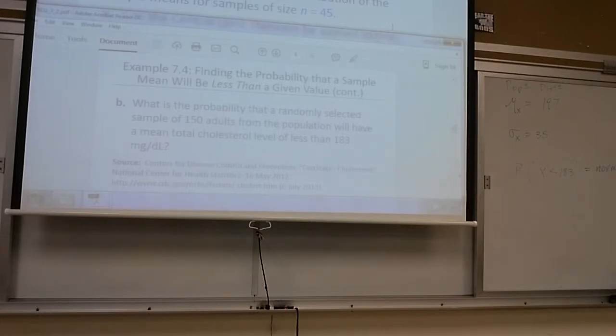It sounds like it's almost the same question, doesn't it? What's different? It's the probability of a mean from a sample of 150 people being less than 183. So, how do I write that, this equivalent type expression? What do I write? Probability of what?